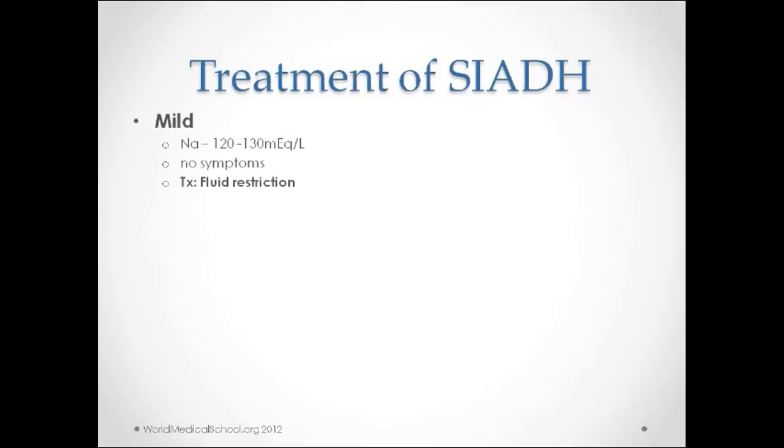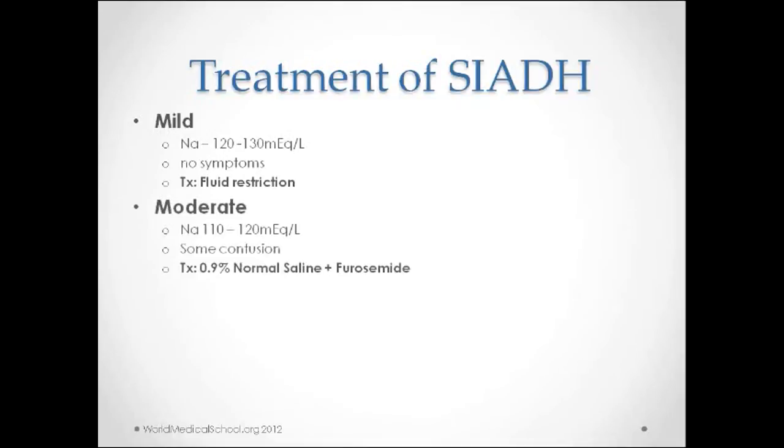For moderate hyponatremia between 110 to 120 with mild confusion, normal saline with a loop diuretic like furosemide can be given. For severe hyponatremia, less than 110 with severe confusion, seizures, lethargy, etc., 3% hypertonic saline is the best step.